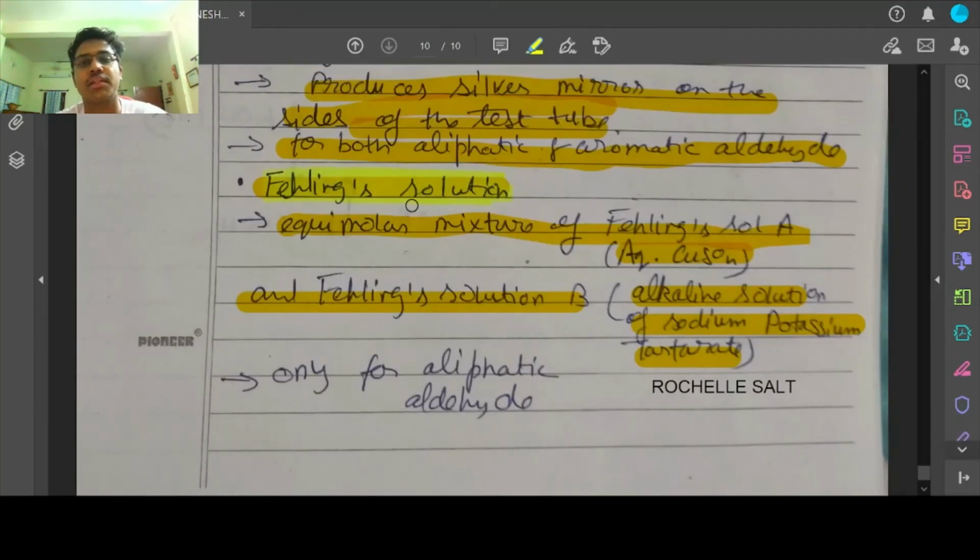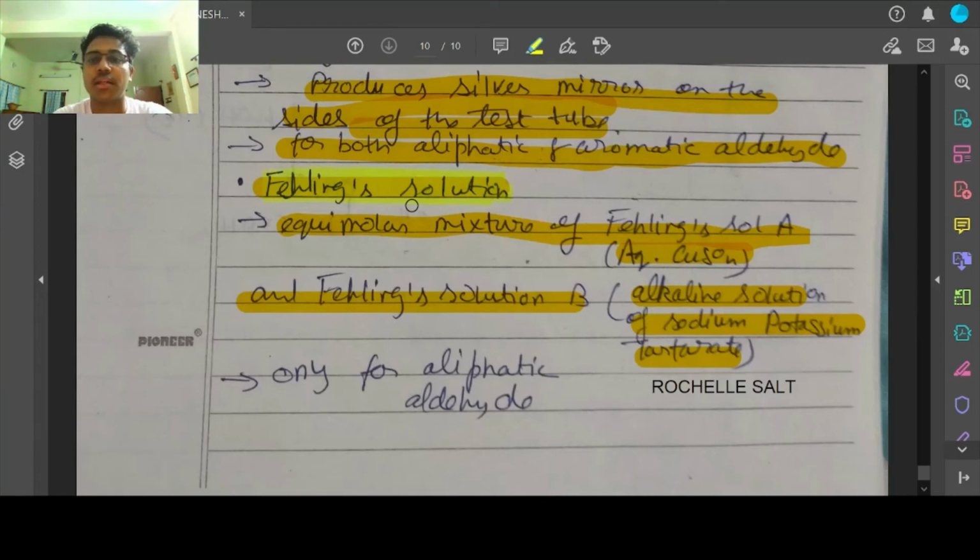So Fehling solution is composed of two components: an equimolar mixture of Fehling solution A and Fehling solution B. When you answer this question, a question arises: what is Fehling solution A and what is Fehling solution B?